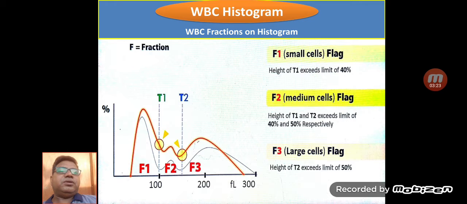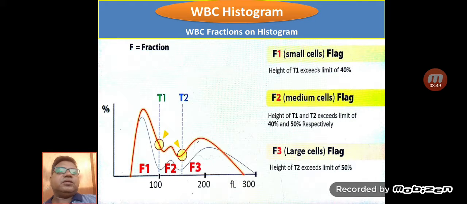There are two inner discriminators as well. They are called T1 and T2, and whenever the heights of T1 and T2 are more than 40 and 50%, there is a generation of flags, called the F1 flag, F2 flag, and F3 flag. The F1 flag is for a small cell population, and when the height of T1 exceeds 40%, we will have the F1 flag.